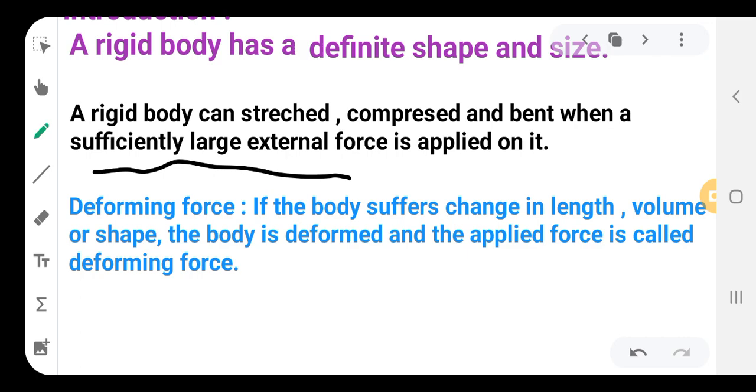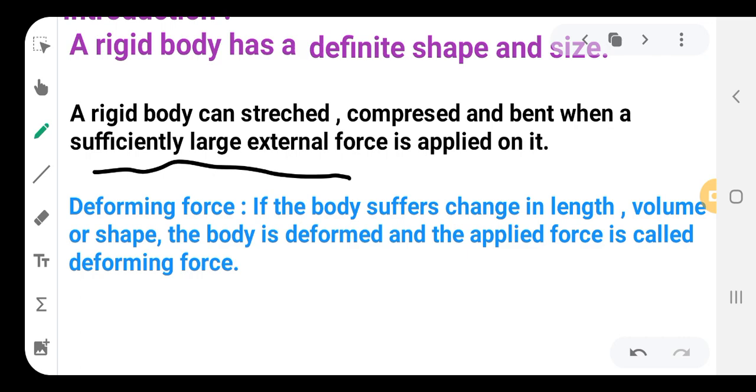Deformed in the sense that there can be a change in size, for example length or volume. So when an external deforming force is applied on a body, it will change its shape and size.